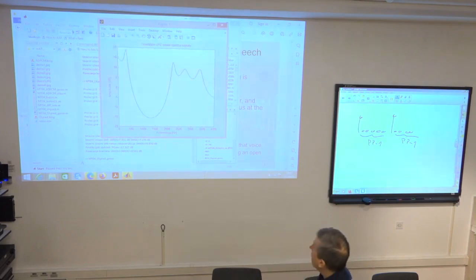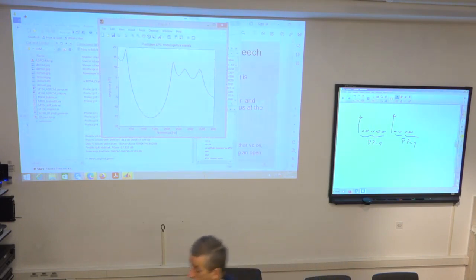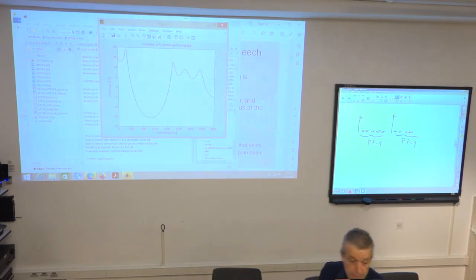So you can see now with the 10th order predictor, we have first, second, third, fourth. We have 4 formants clearly visible, because for 10th order there might be at most 5 formants. So half of the order is the maximum number of formants. But if some poles are at 0 frequency and half sampling rate, then these are real poles, so I don't have this 5th formant as is the case now.